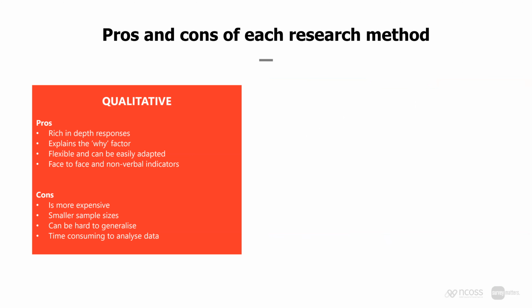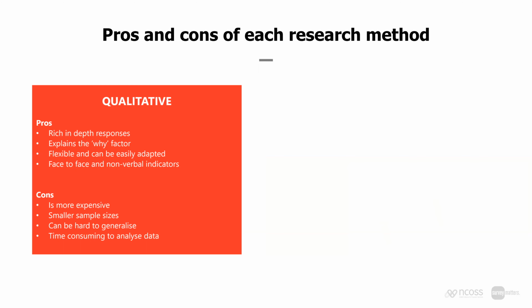As I said, qualitative research is also more flexible, and as a result, it can be more easily adapted during the research, as the interviewer responds to feedback provided by the participants and maybe asks some different questions depending on the feedback that is being received. The interviewer can also pick up on those face-to-face and non-verbal indicators and cues that might not be evident in written responses, but are really important to getting that nuanced understanding.